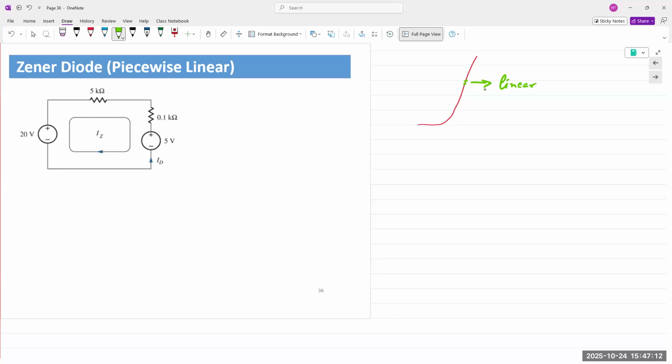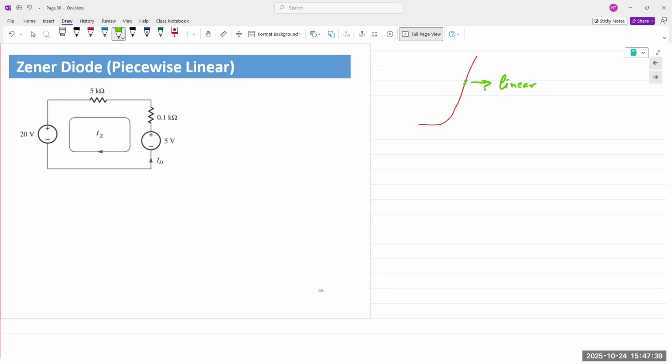So we analyze the circuit, and before we begin our analysis, we make an assumption. Similar to the ideal diode in the constant voltage mode, is the diode on or is it off? If it's on, then it's conducting and there should be current flowing through it. If it's off, then there should not be any current flowing through it.